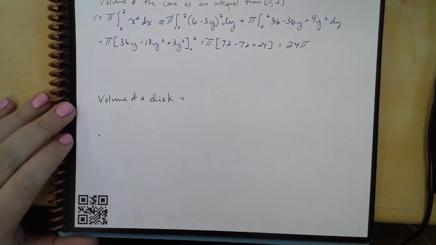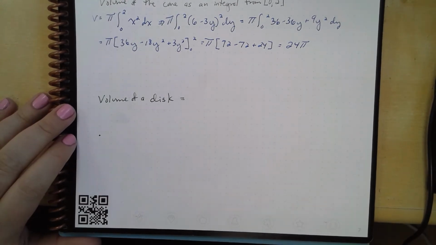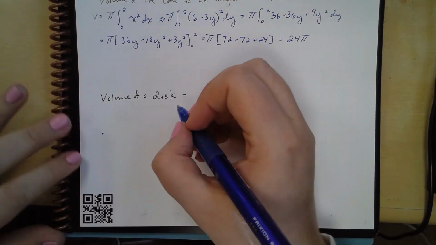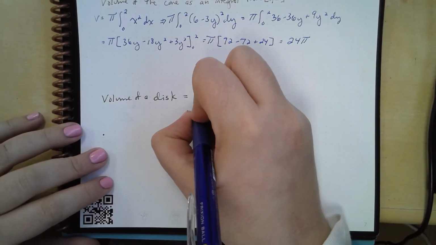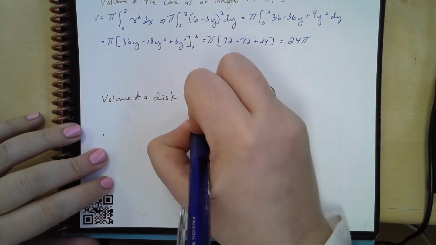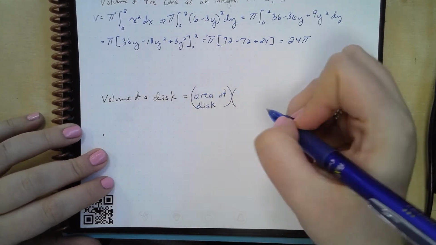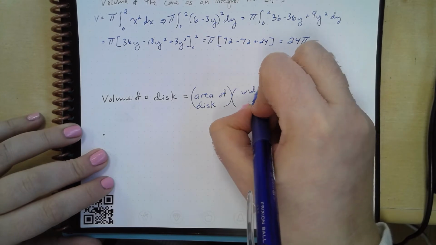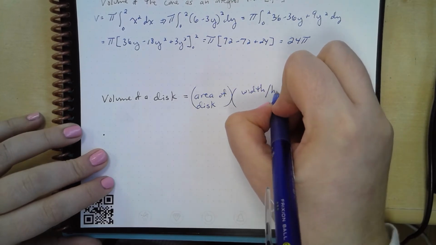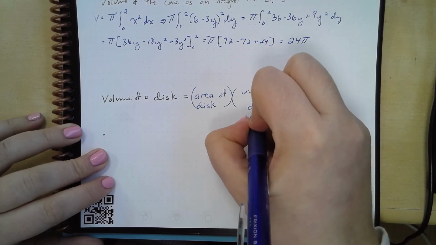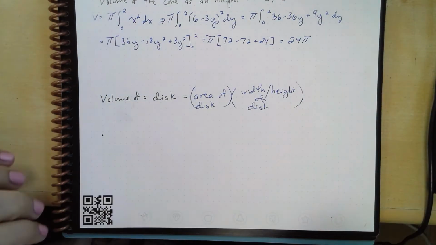Okay. So when we're looking at what the volume of a disk is, the volume of the disk is going to be equal to the area of the disk, right, times the width of the disk, or you could say the height, depending on how you're orienting the disk, I guess, right?